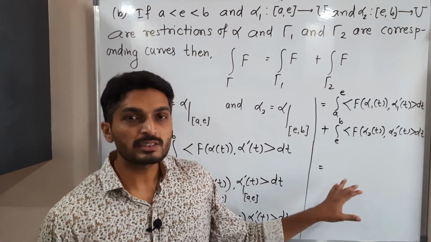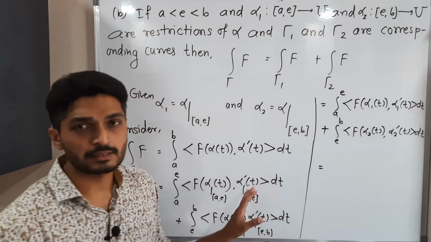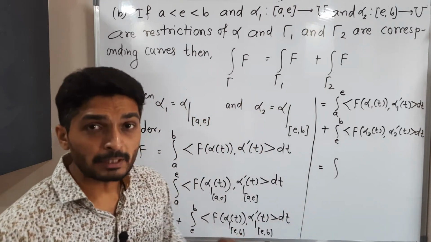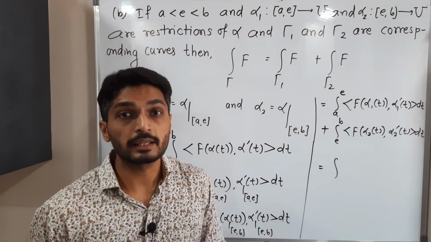Here I removed this diagram only to make some space available for us. Okay, so the remaining part is the same. Let us continue. The image of AE under alpha 1 is nothing but gamma 1.